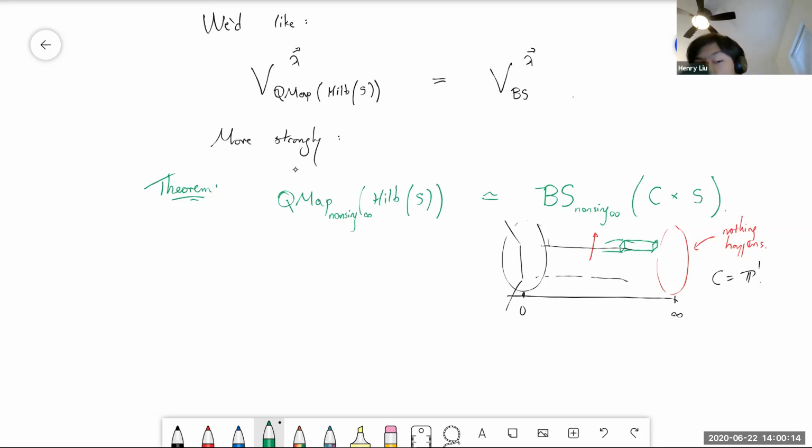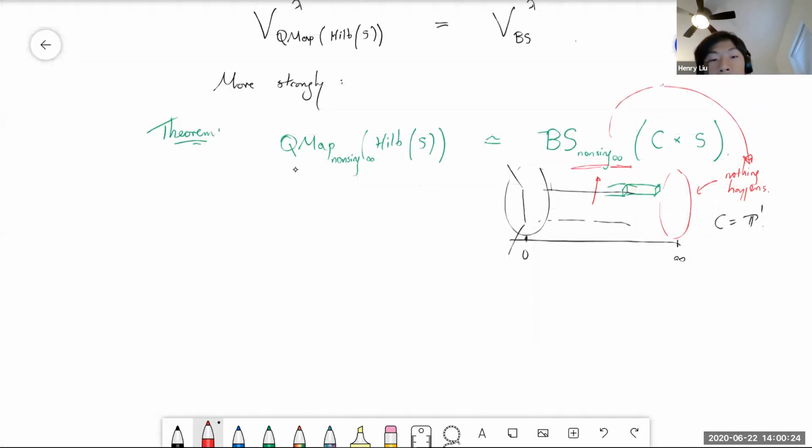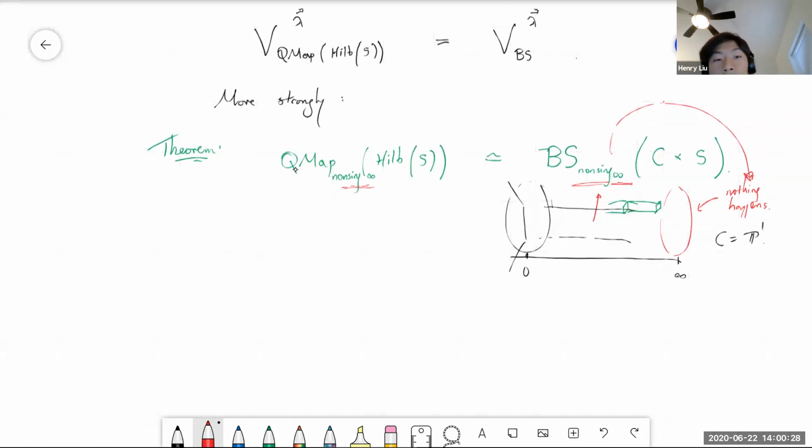So roughly speaking, non-singular at infinity means nothing happens at infinity. And the exact same thing here. These are the actual moduli spaces that we integrate over in order to write down the vertices. And so actually these moduli spaces are isomorphic. There's some kind of isomorphism, phi tilde.